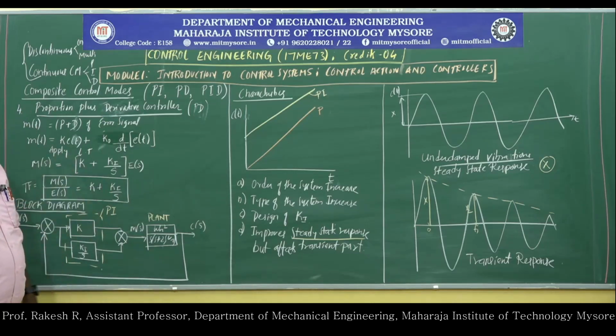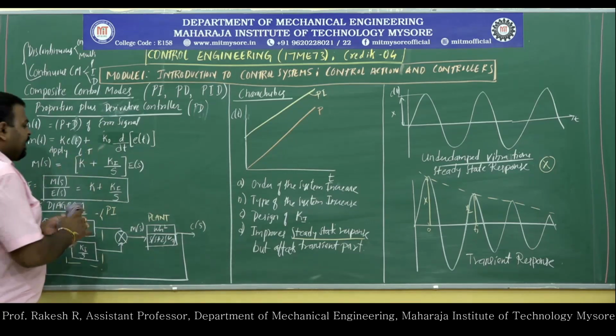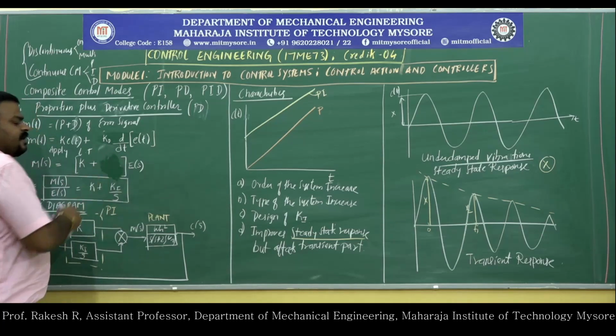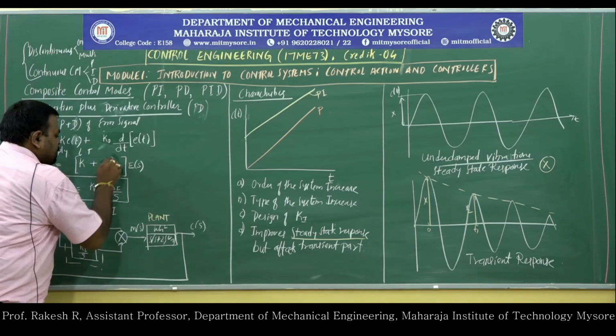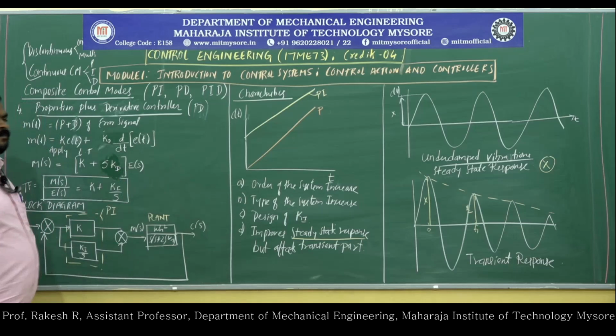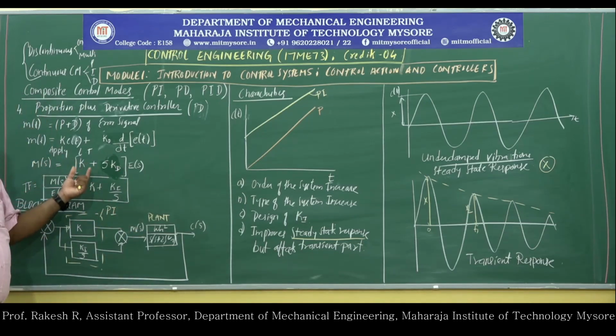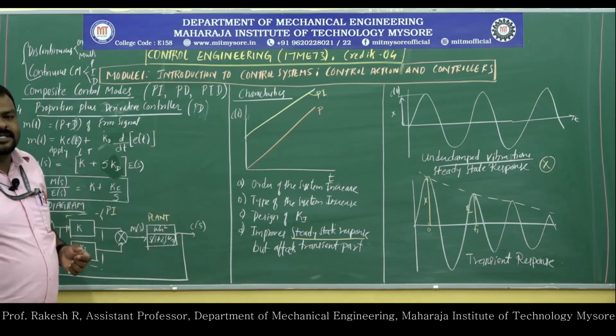If I apply the Laplace transformation to that, since there is a derivative term, s will get multiplied, and it will be s into K suffix d. The manipulated signal of the derivative controller will be K plus s into K suffix d.